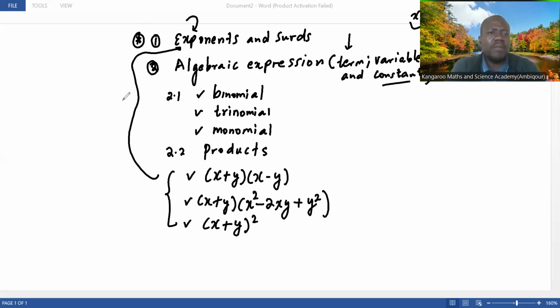Because we keep on using exponents time and again, it's very important for a learner to know exponents. Whether you are in grade 8, 9, 10, 11, or 12, you need to understand these basics.